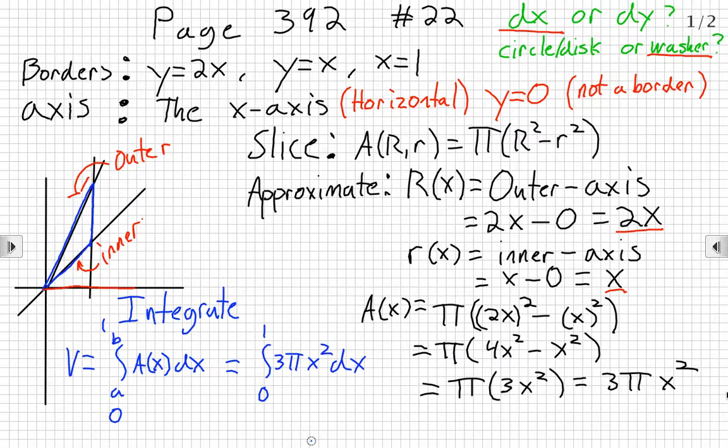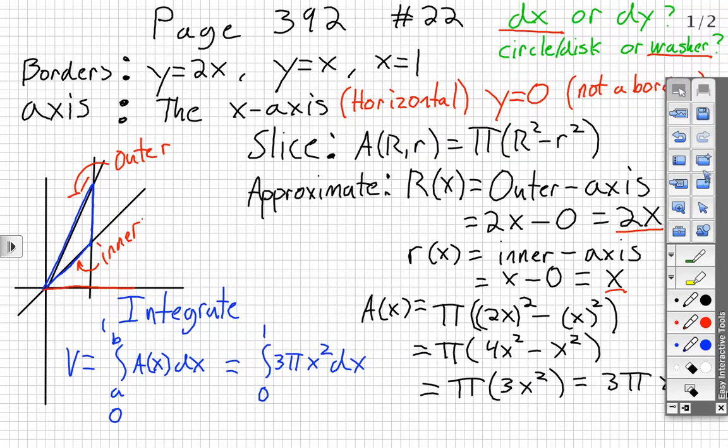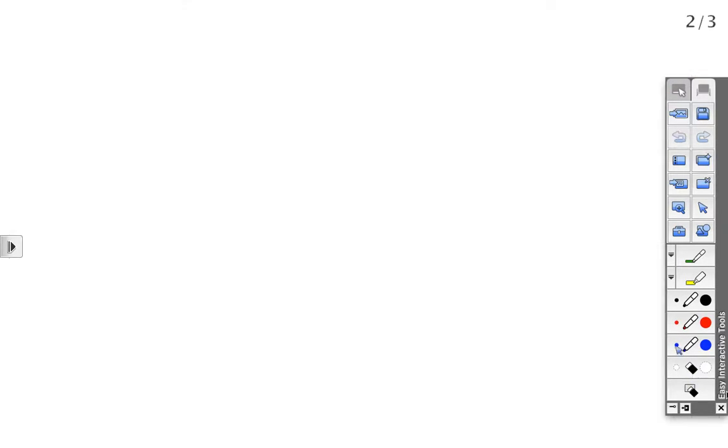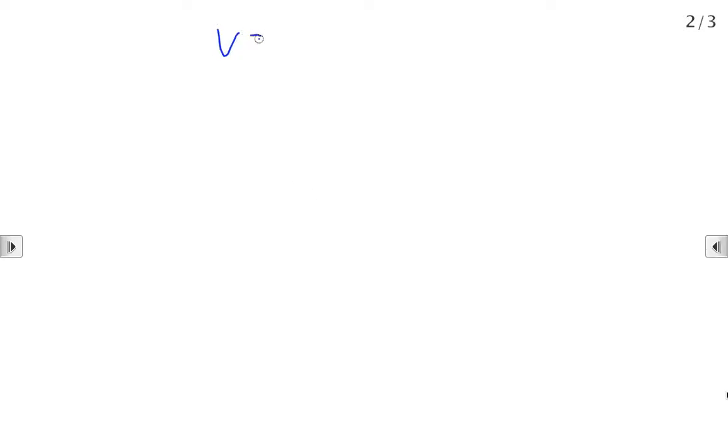For the homework assignment, I did not require you to work this out by hand, but we're going to go ahead and flip to the next screen and use antiderivatives to calculate this by hand. It's just good old-fashioned practice. So the volume is the integral from 0 to 1 of 3 pi x squared dx.